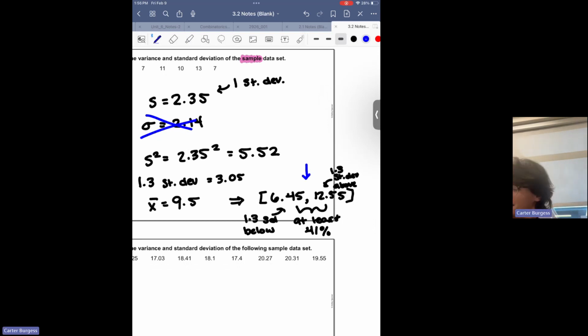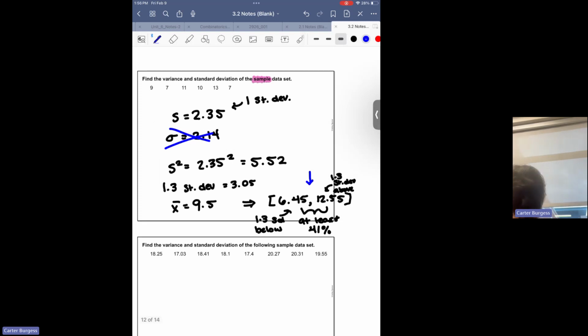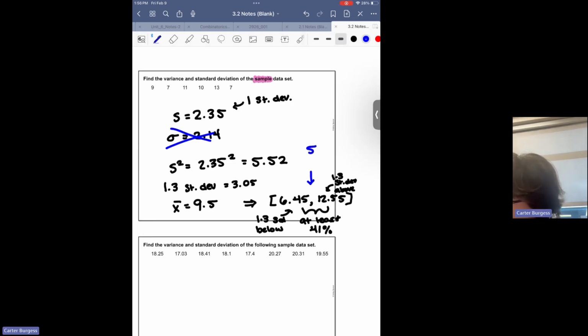Between... Like 3, 4. I think 5? Yeah, everything but 13 falls within this range. And so 5 of our 6 data points, or 83% of our data, falls within this range.